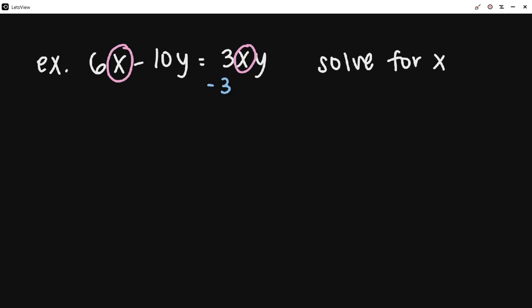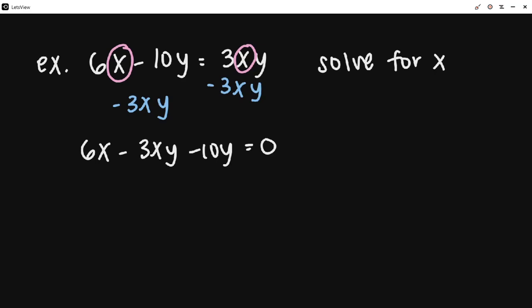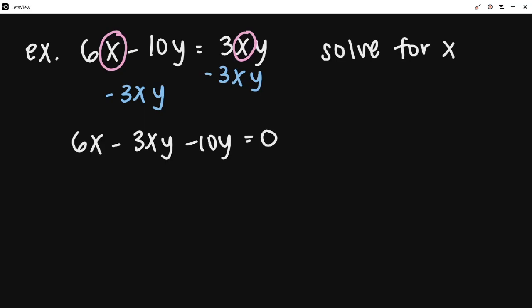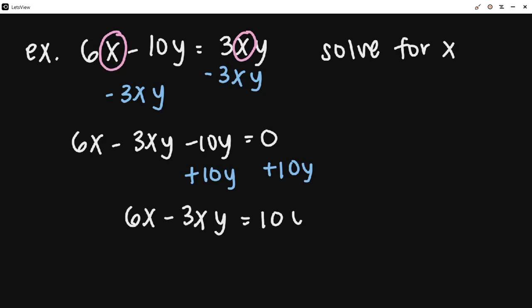So first I'm going to move the 3xy to the left-hand side. So 6x minus 3xy minus 10y equals 0. And you don't have to put it in the middle. I just put it in the middle because I know I'm going to move the 10y over. So we're going to add 10y because we don't want the y on that side. So 6x minus 3xy equals 10y.